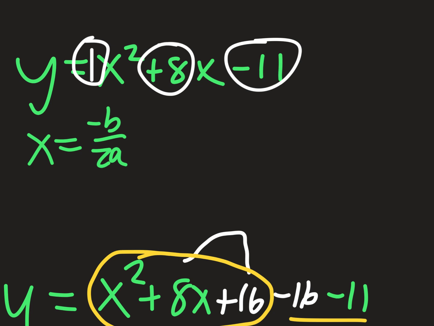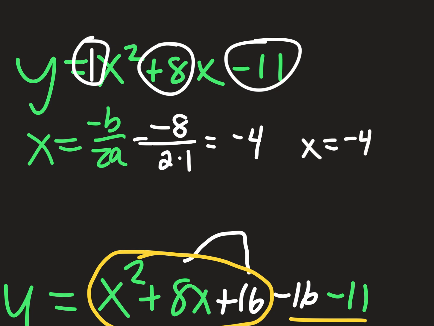Okay? So if I'm saying it's negative b over 2a, then it's negative 8 over 2 times 1, which would be negative 4. And bingo, I have x equals negative 4. And I've got the axis of symmetry.